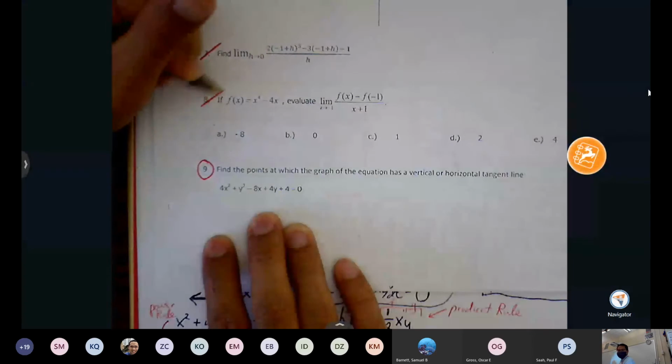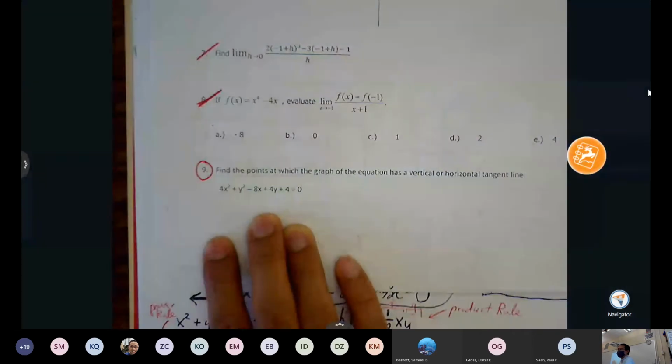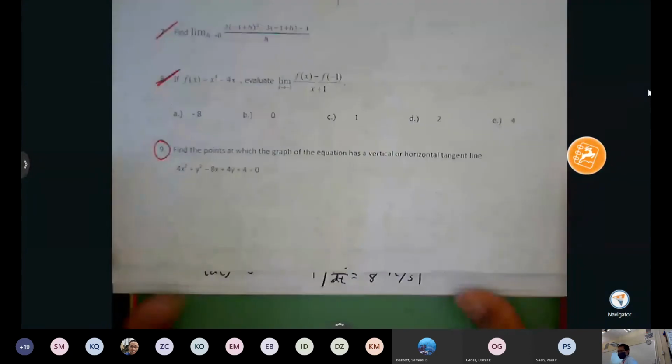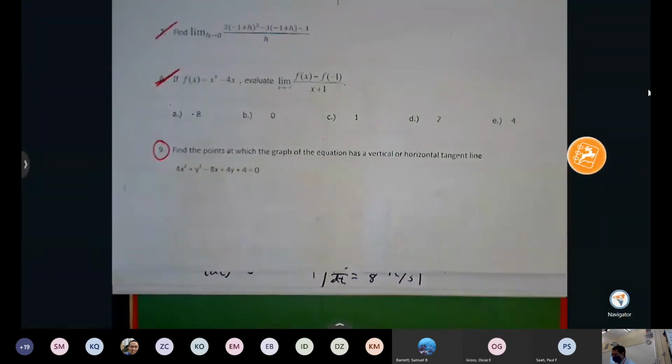We're not going to have that. Okay, so let's read through number 9 here. Number 9 says, find the point at which the equation of the graph has a vertical or horizontal tangent line.